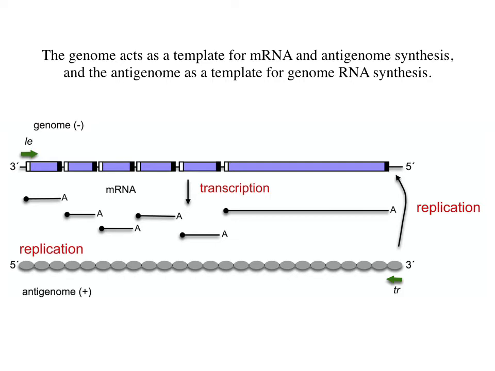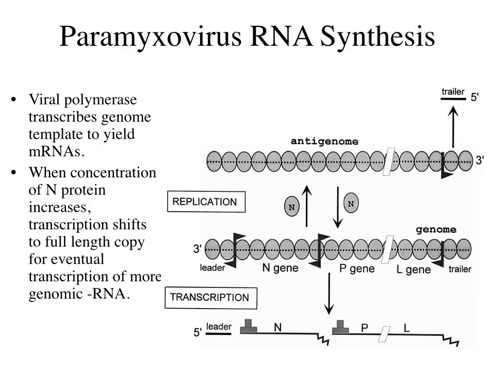So again, this is very similar to what we saw when we were looking at the rhabdoviruses. So N also plays an important role here. So here we see the viral polymerase transcribes the genome template to yield messenger RNAs. That's going to be the first thing that happens because this is a negative strand virus.